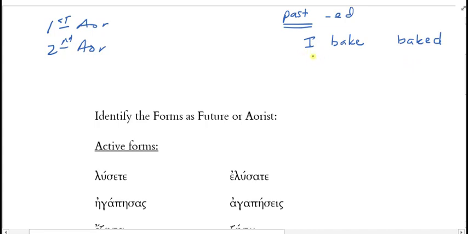Or I lick, and in the past I licked. And you could say that in English we have a first past and a second past. The first past is adding ed. The second past is doing other things like vowel change.